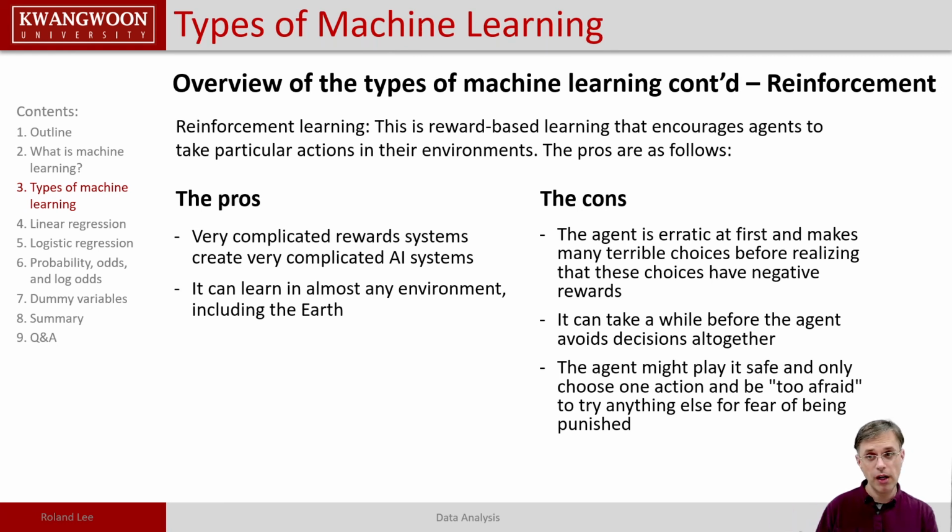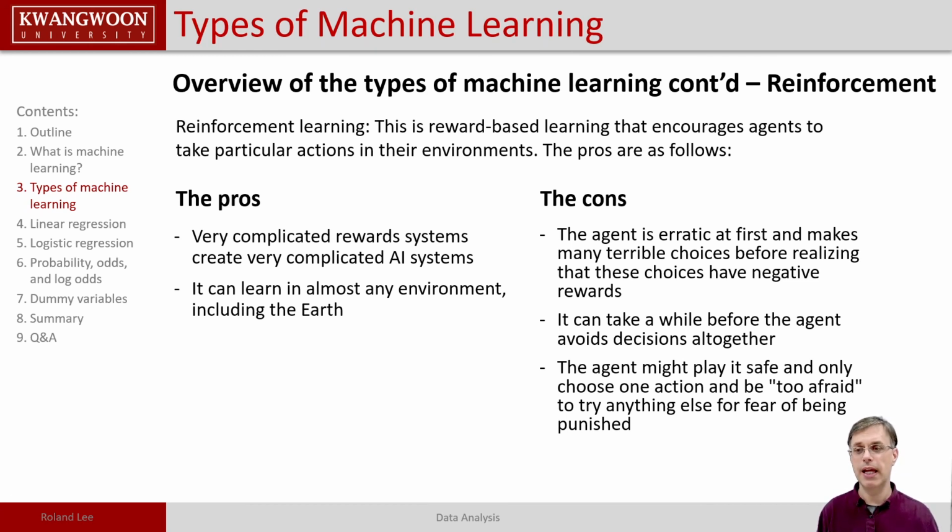The pros: very complicated reward systems create very complicated AI systems. It can learn in almost any environment, including the Earth as well. The disadvantages that should be taken into account are the following.